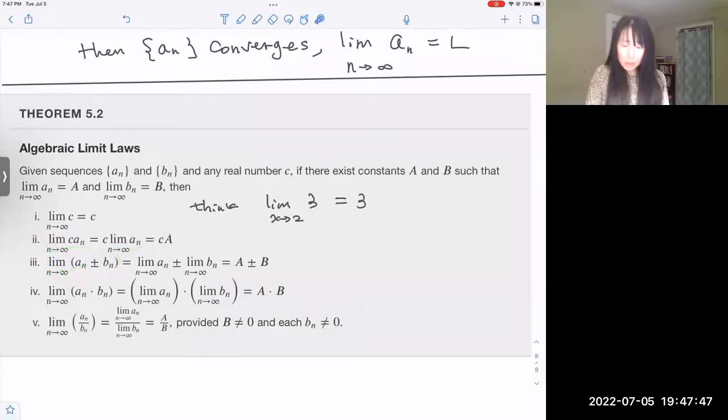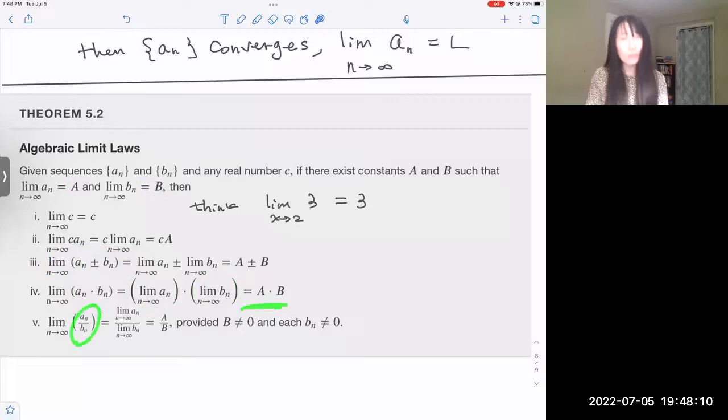Then since they have limits that exist, which is a and b, we have a and b there. Okay. Multiplication rule, we can split it into two, not terms. We're not supposed to say term because of multiplication. We can just split one and the other, right? So we get that.